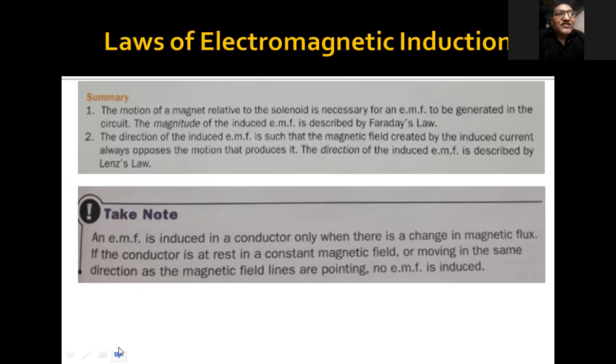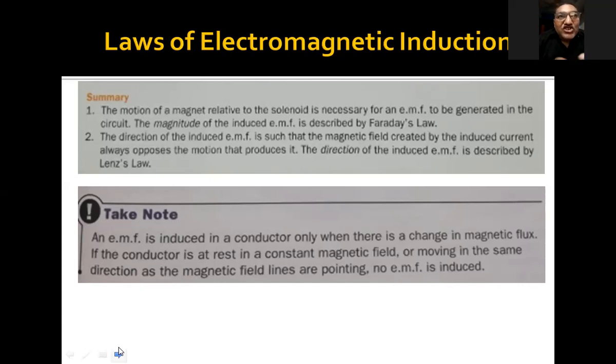So we have studied two laws, Faraday's law of electromagnetic induction, and we have studied Lenz's law. And here you can see the motion of a bar magnet. Motion of a magnet relative to the solenoid is necessary for an EMF to be generated in the circuit.